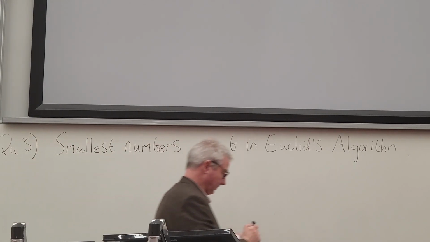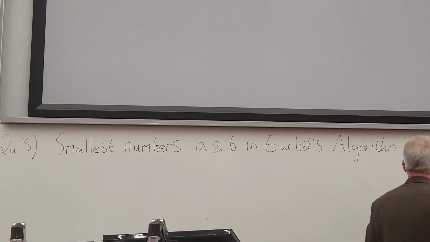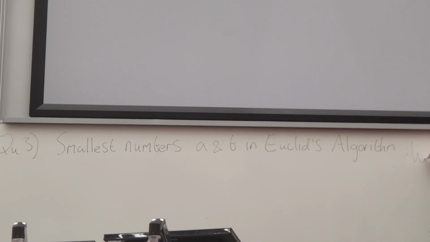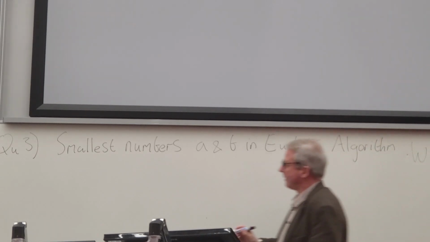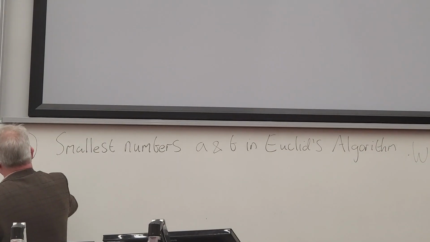Okay, so just thinking about it from a different angle. Start off with the quotients. What does B ask? It says, why can't the final quotient ever be 1?